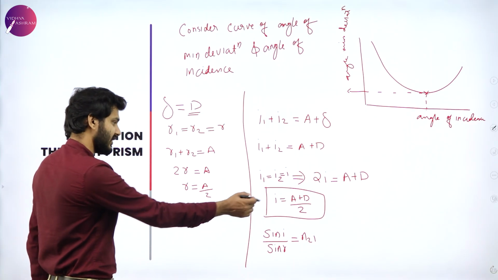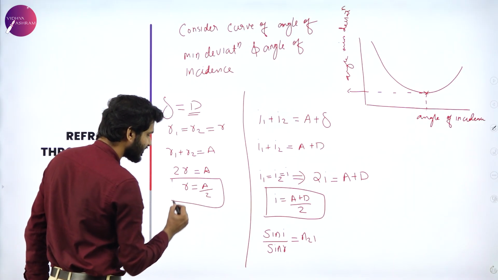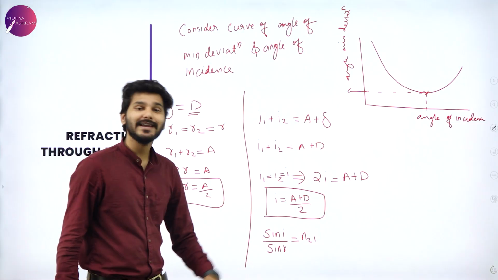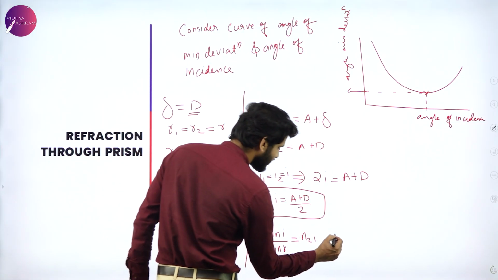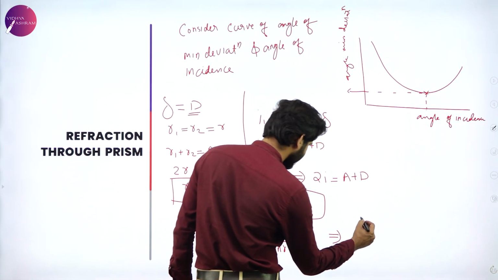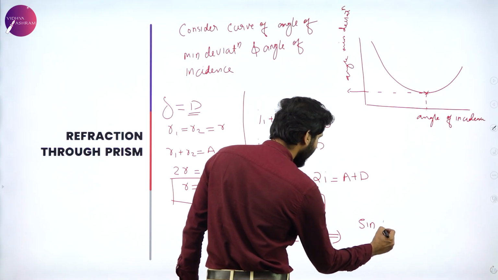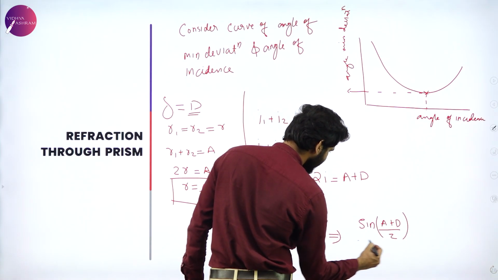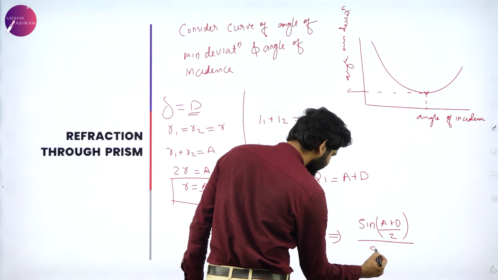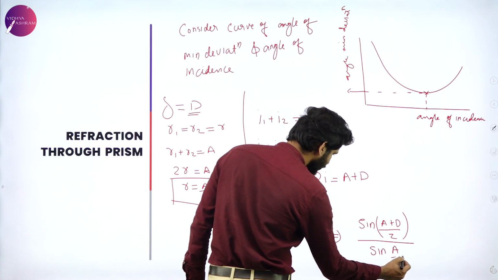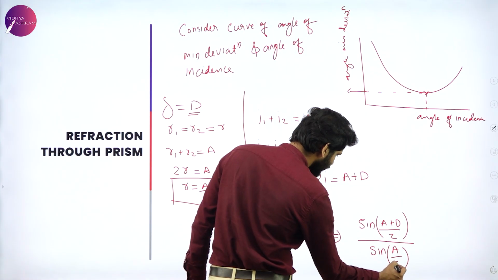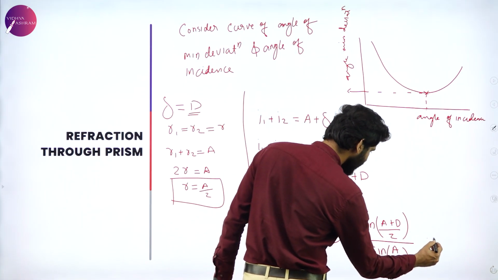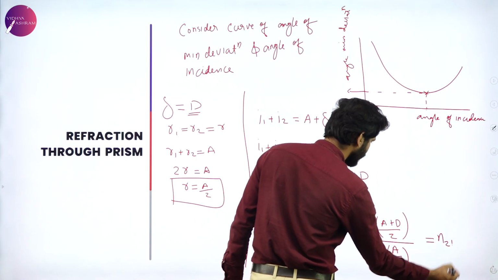So we have an expression for I, we have an expression for R. We are going to substitute these expressions into this particular equation, which then will imply sine of (A plus D) by 2 divided by sine of A by 2 will be equal to N21.